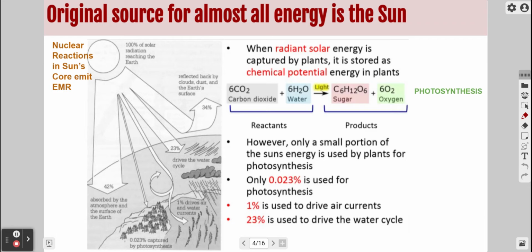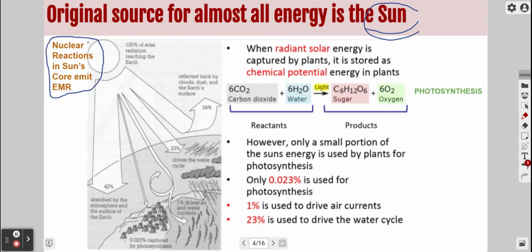So let's look first at the original source for almost all of the energy. There'll be a couple of exceptions to this rule, but almost all the energy that we use comes from the sun. All of the energies we're going to talk about in this lesson originate back to the sun. And in the sun, the original source is nuclear reactions, right?